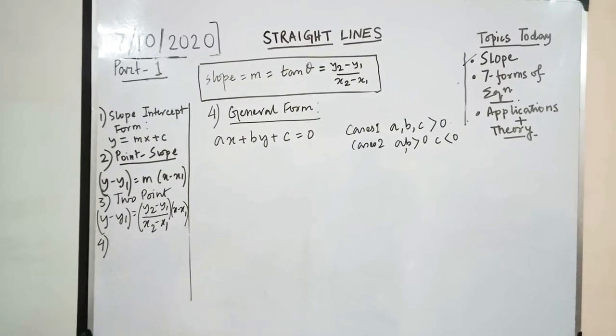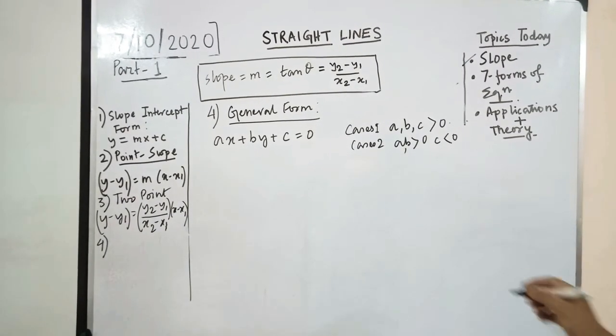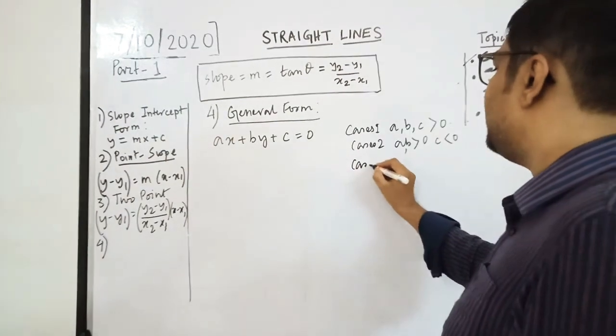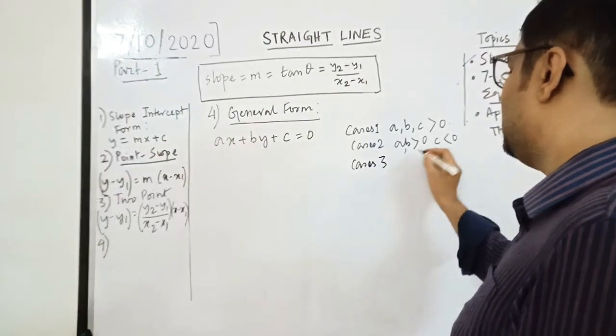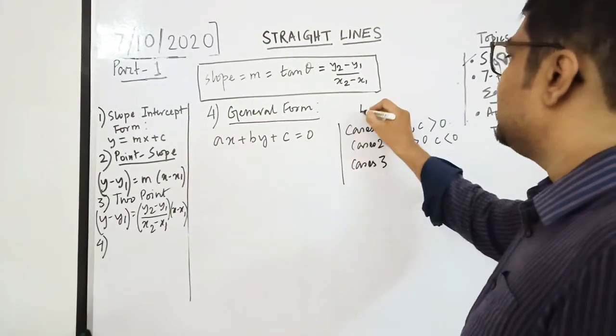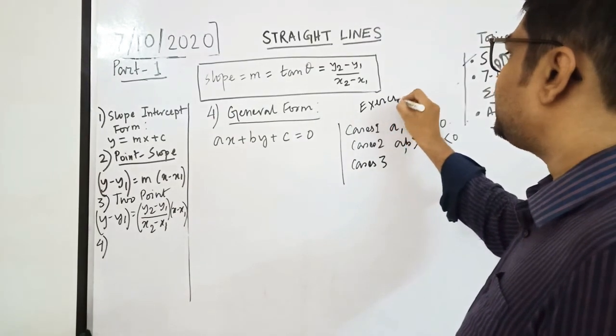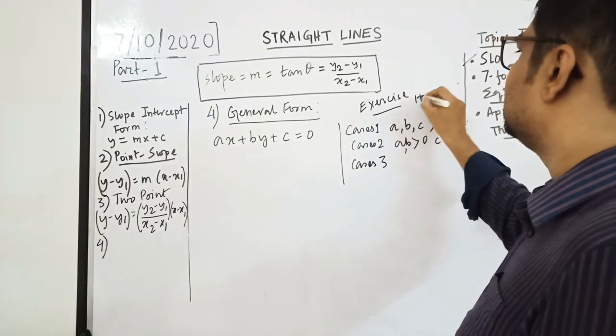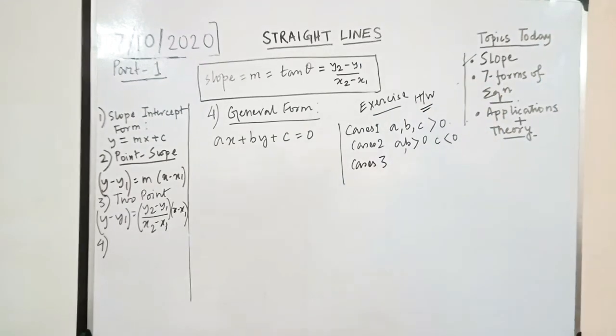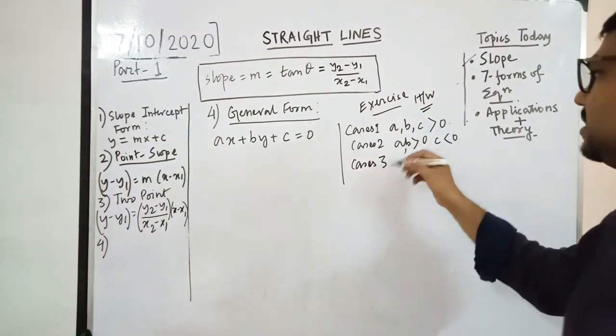So here we get different straight lines as per different cases. Say I give you as exercise, so you can do this, drawing this general form in different ways.